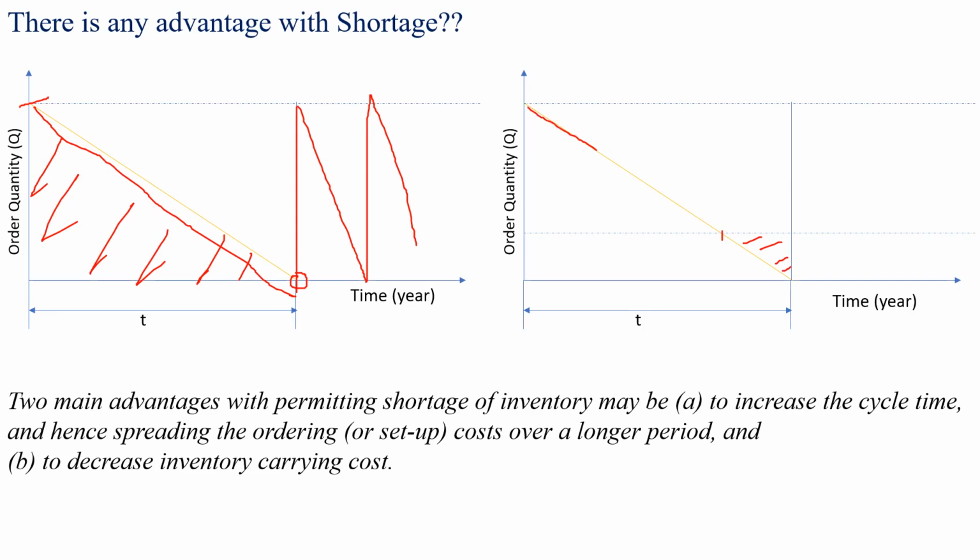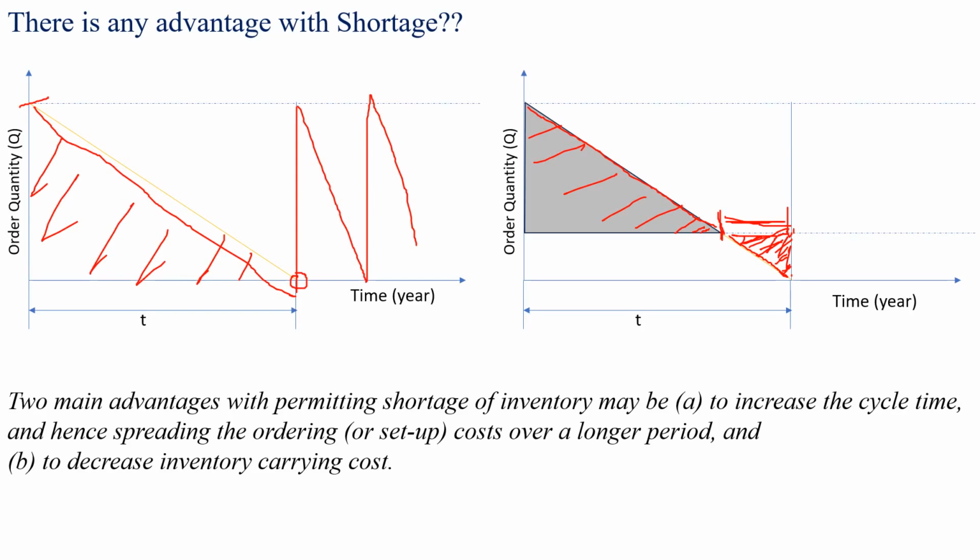This is the actual requirement inventory, so this shaded area is the actual requirement inventory, and this part is allowing for the shortage. After a certain time, there will be a delay in time to receive the expected quantity. So this is the delay in time, and the shortage is allowed.